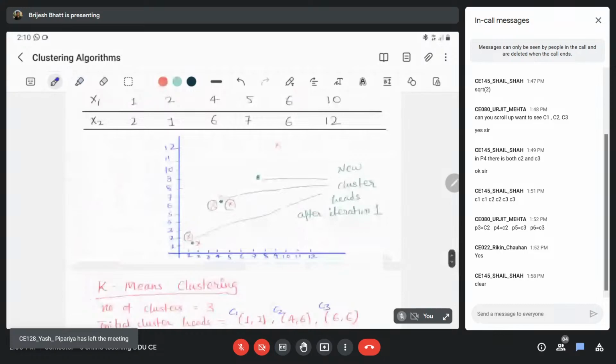Cluster assignment will change for P5. Now P5 will find itself closer to C2 than C3 because C3 has moved quite far away towards the outlier. Right? So the new assignment for P5 will be C2.